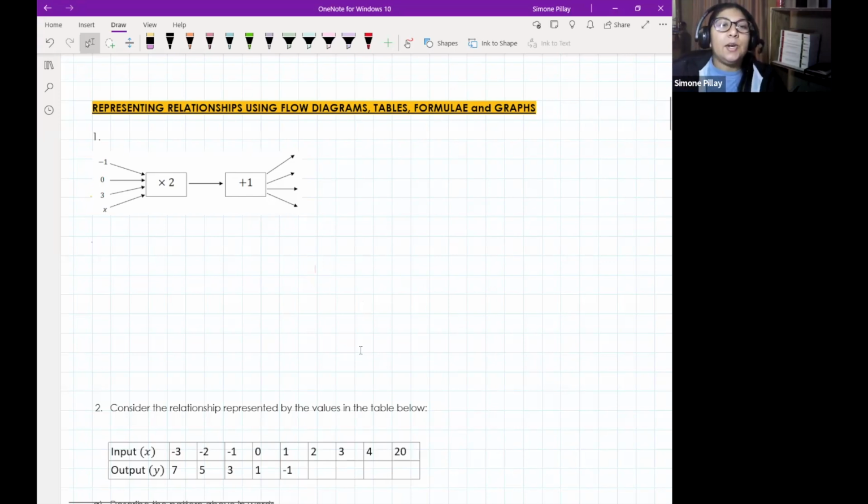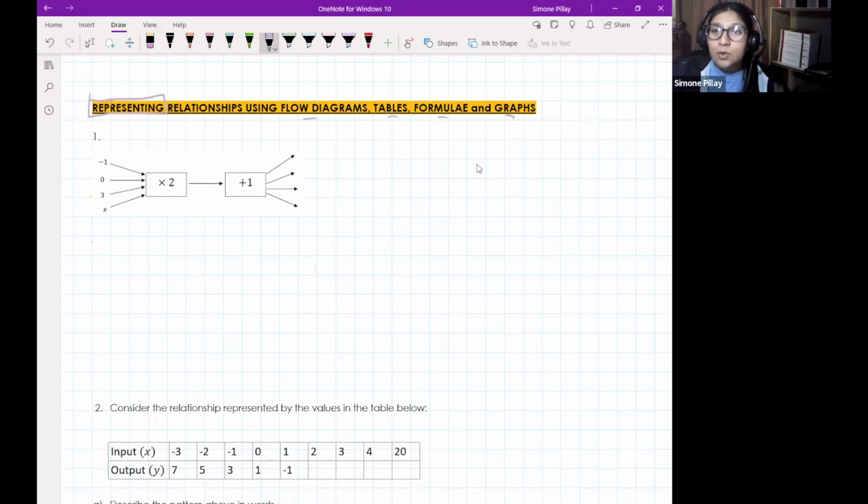And then yes, we are revising how we represent relationships. Now, what I want you guys to remember is that we spoke about a relationship and what a relationship is. And we also spoke about there being different ways in which we can represent relationships. I kind of wish I didn't put it all in my heading over here because I would have wanted you guys to tell me what the ways are.